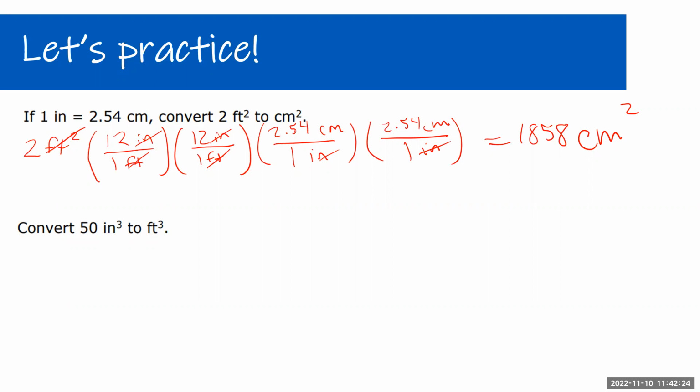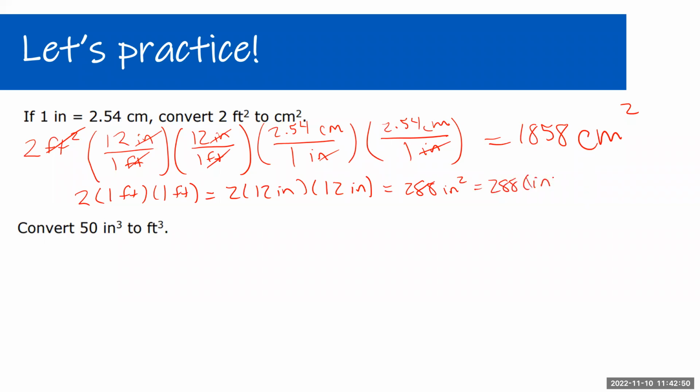Now you could do the same thing that we've talked about before. If you have 2 times 1 foot times 1 foot, it's going to be the same as 2 times 12 inches times 12 inches. And that'll give you what? 288, I believe, inches squared, which is going to be 288 times 1 inch times 1 inch.